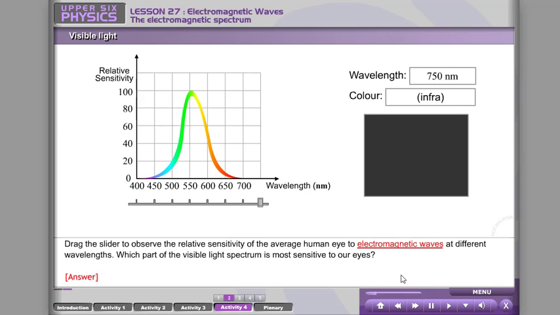Drag the slider to observe the relative sensitivity of the average human eye to electromagnetic waves at different wavelengths. Which part of the visible light spectrum is most sensitive to our eyes?